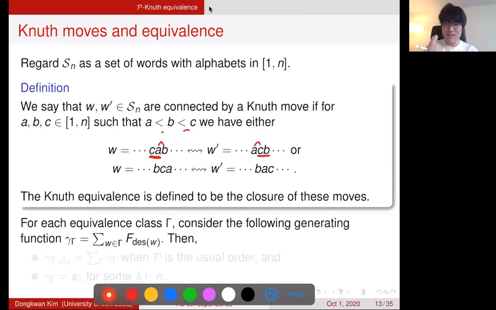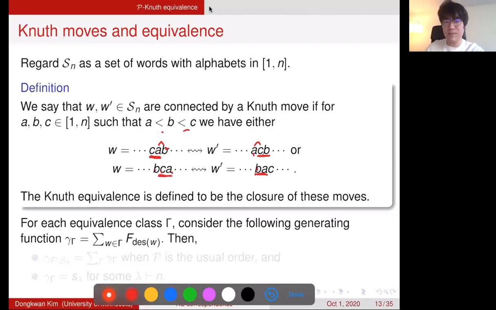So it's like moving a descent 1 by 1. Here, the thing is that you just fix the middle number and switch the numbers farther away. So like A, you switch A and C. Same thing happens, you have B here, so you switch C and A. In this case, the descent is moved from here to here, and vice versa. So this move is called a Knuth move, and it is some kind of equivalence.